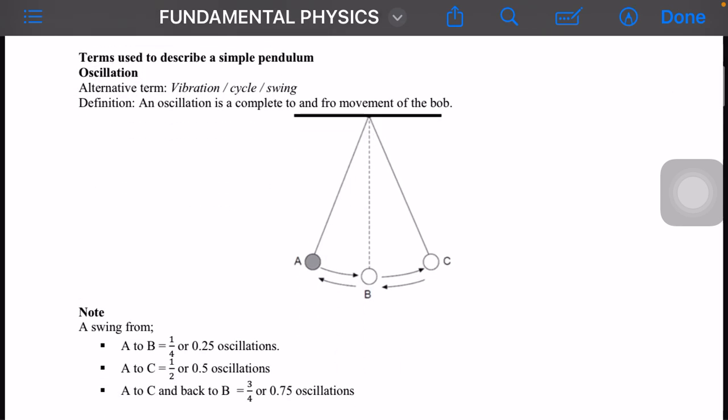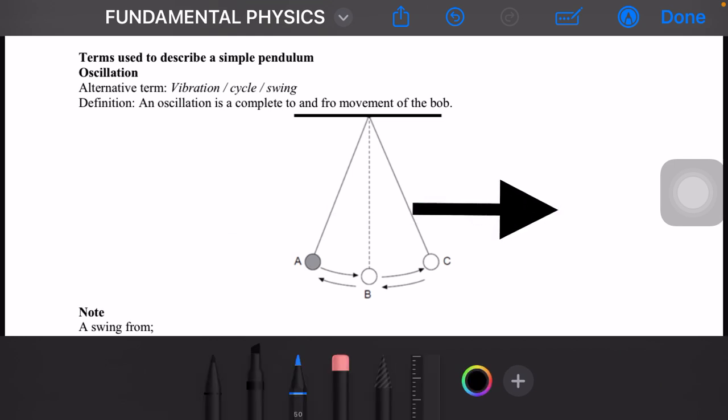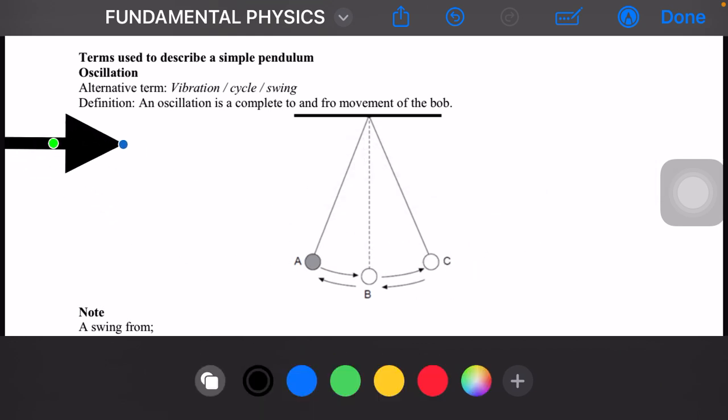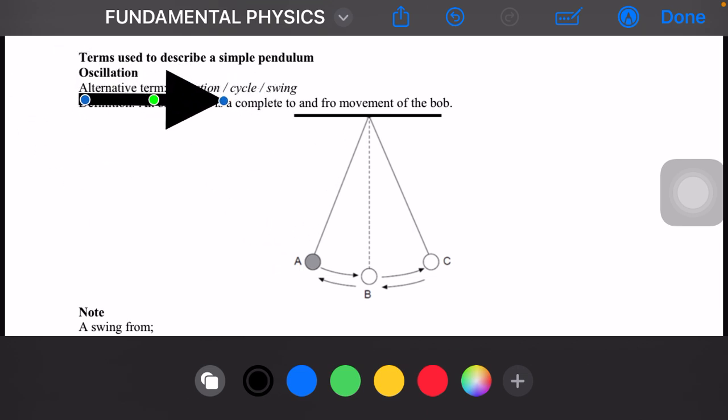Now we go to terms used to describe a simple pendulum. We have oscillation. Alternative terms are vibration, cycle, or swing. So oscillation simply means a swing, a cycle, or a vibration.